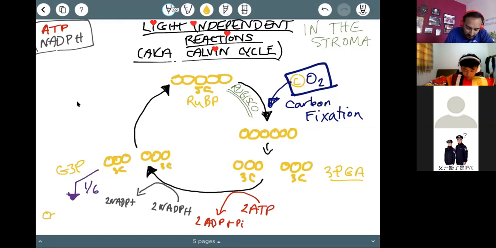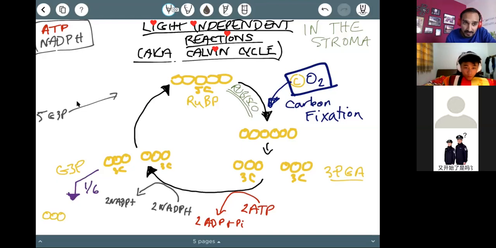Let's say we have a G3P there, but that means every time you take one G3P, 5 G3Ps are going to carry on. I'm just going to do this on the side so it doesn't drive you nuts.